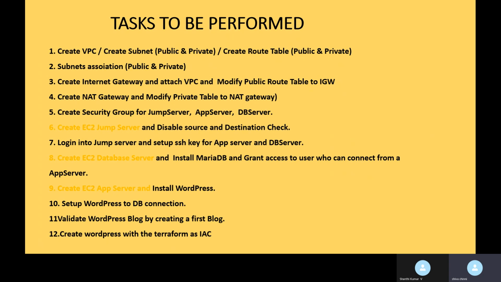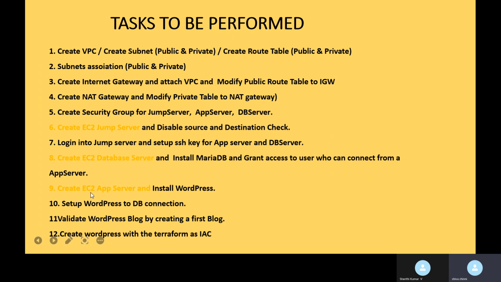Once we have set up the SSH key for the app server and DB server, let's log into the database server via the jump server and install MariaDB, and give access to the user who can connect from the app server.